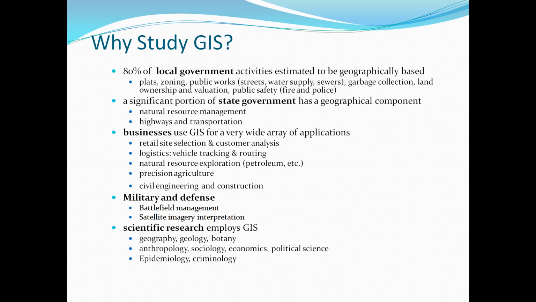Business has recently started to use GIS for a very wide variety of applications. In military and defense, we need GIS for battlefield management and satellite imagery interpretation. For scientific research, we use GIS in geography, geology, anthropology, sociology, economics, political science, epidemiology, and criminology.